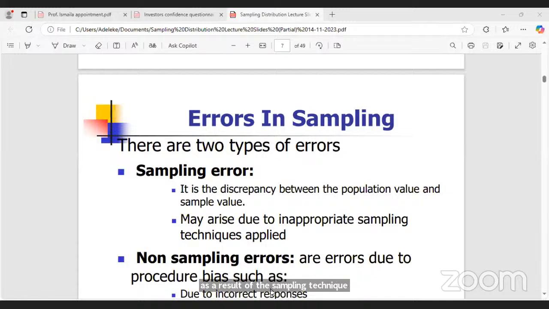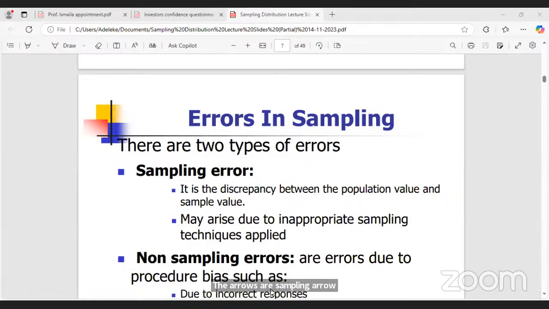I will take it again. While you are taking a sample from your population, in order to have an idea of that population, in order to make judgment about that population, you are liable to two types of error. The errors are sampling error and non-sampling error.